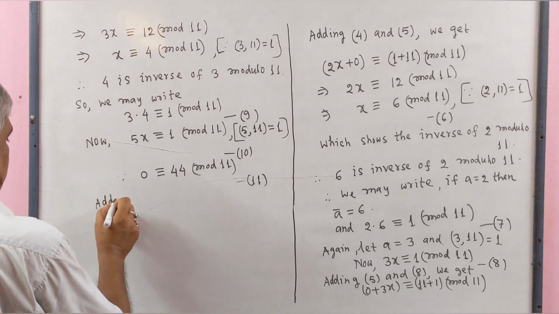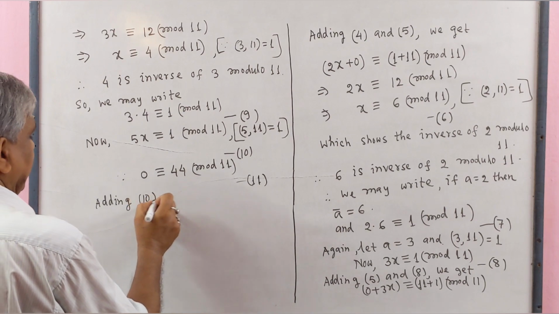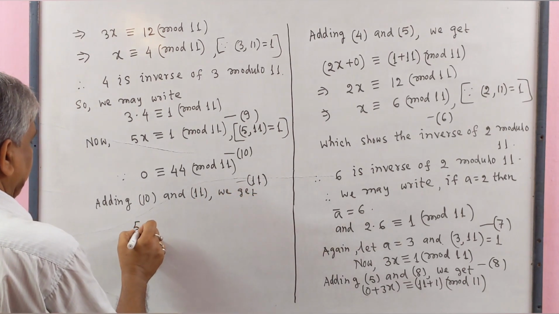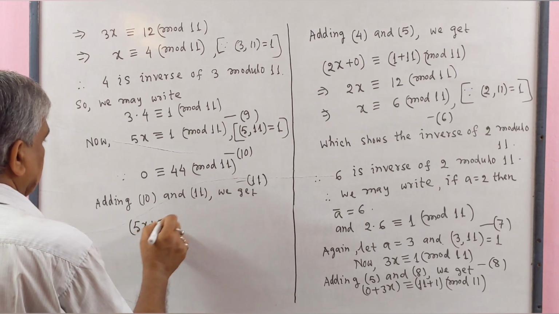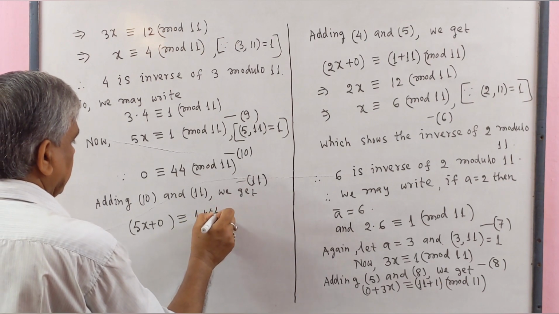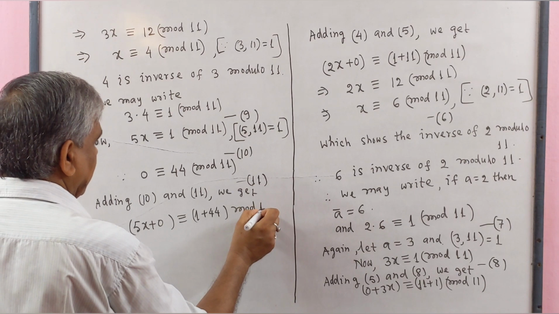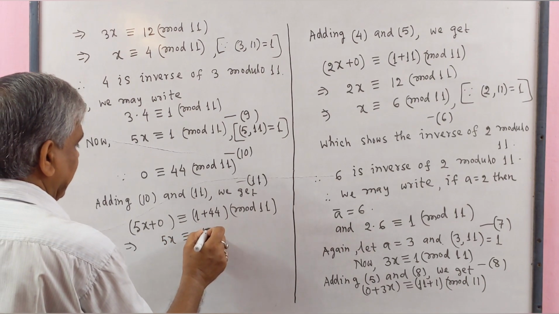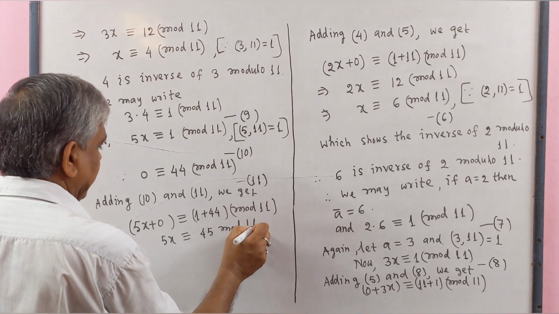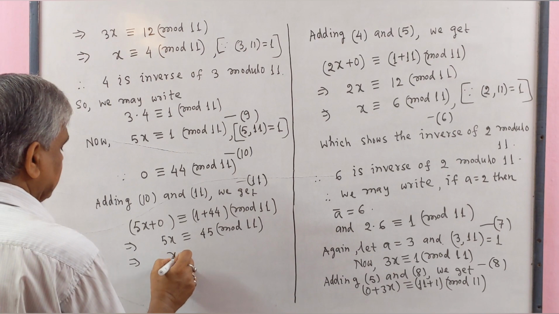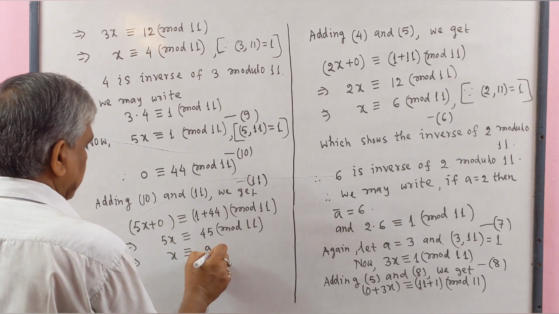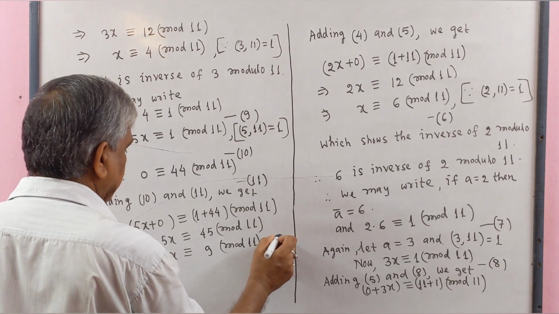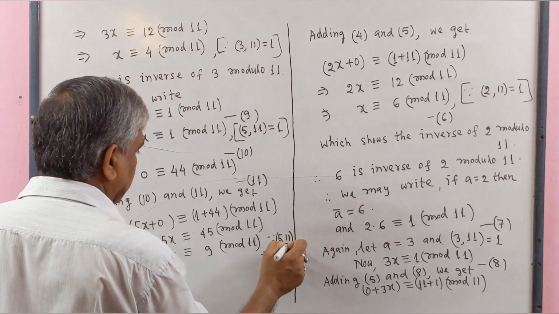Adding 10 and 11, we get 5x plus 0 is congruent to 1 plus 44 modulo 11, implies that 5x is congruent to 45 modulo 11, implies that x is congruent to 9 modulo 11, since GCD of 5 and 11 equal to 1.